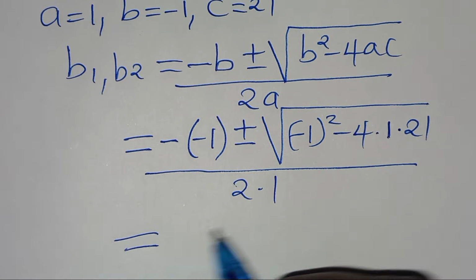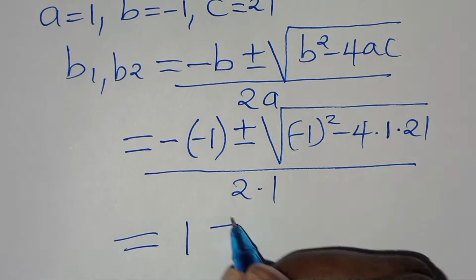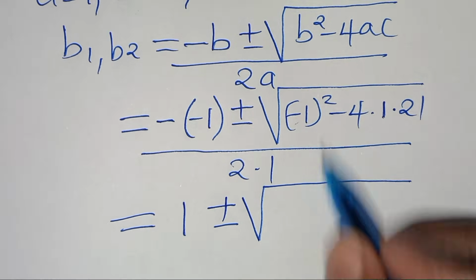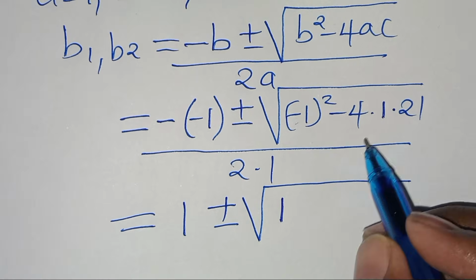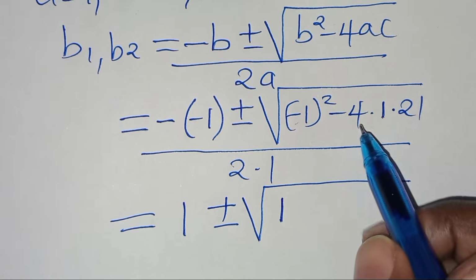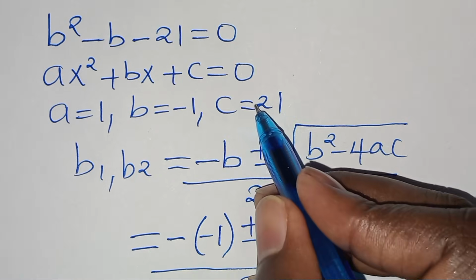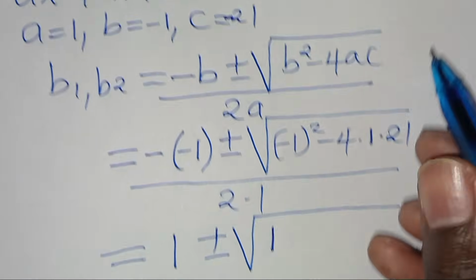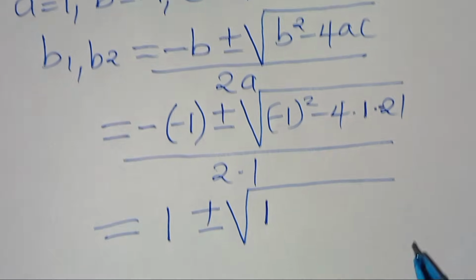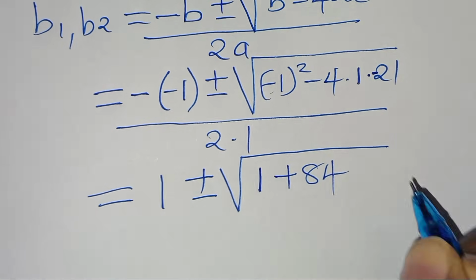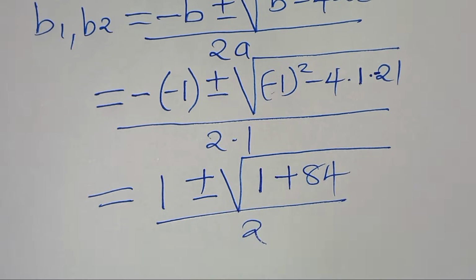So here we have minus times minus 1, this is 1, plus or minus, we have the square root of minus 1 squared, this is 1. c is minus 21. So we have here minus 4 times minus 21, this is plus 84. Everything here divided by 2.